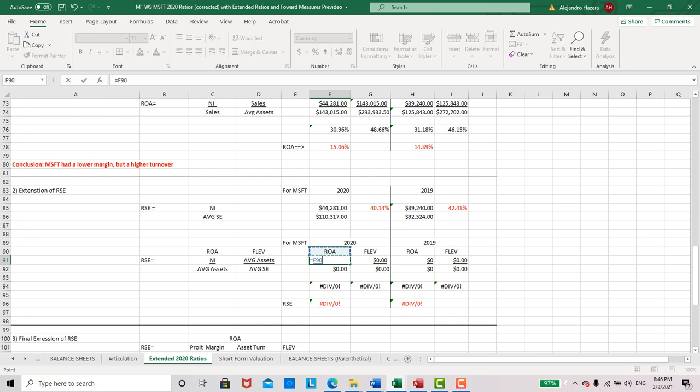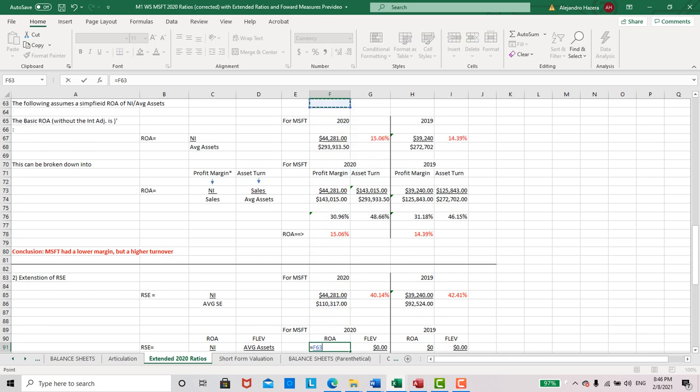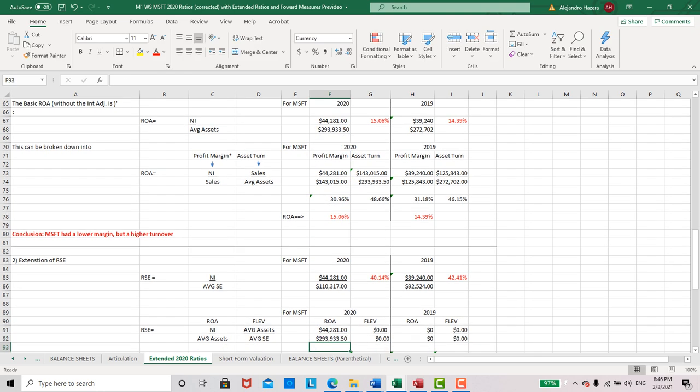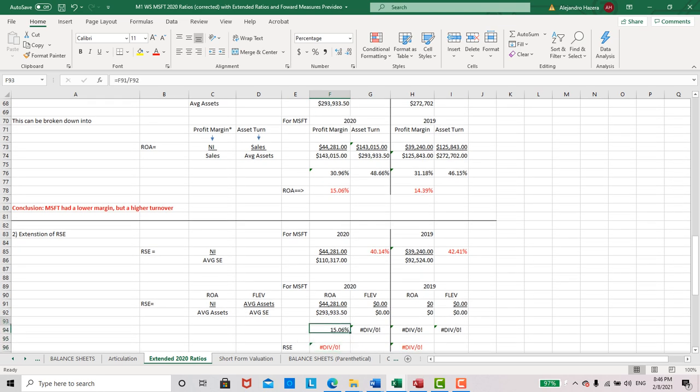So let's get our return on assets here first for 2020. We know our return on assets was net income divided by average assets. So your return on assets was 15.06. Now your financial leverage is your average assets, which is that number right there, divided by your average shareholders' equity, which is this number right here.